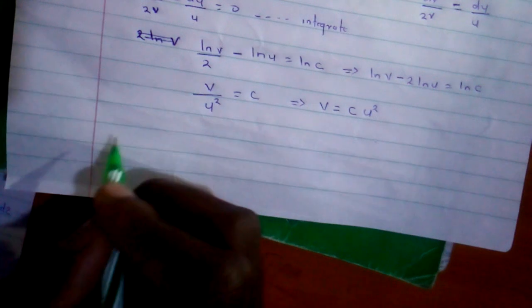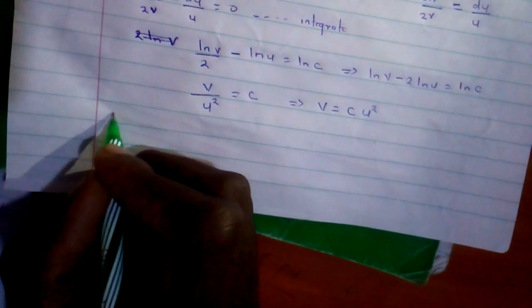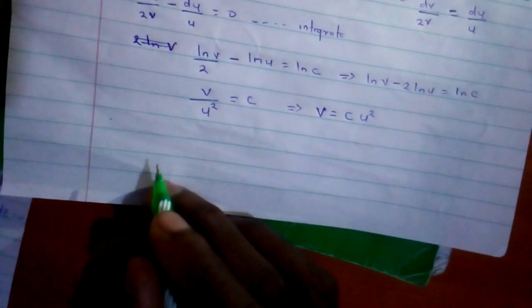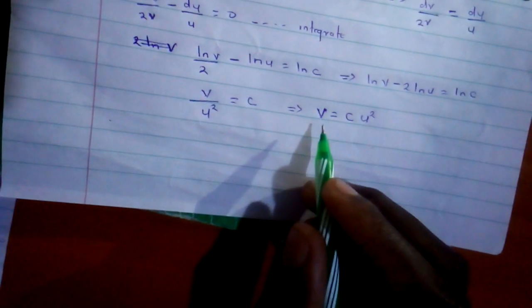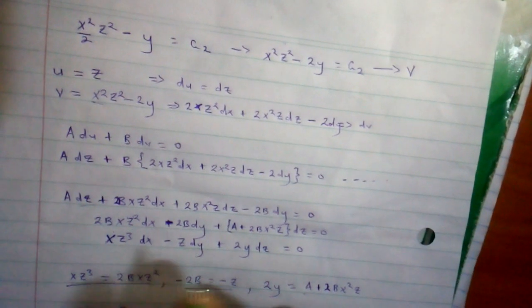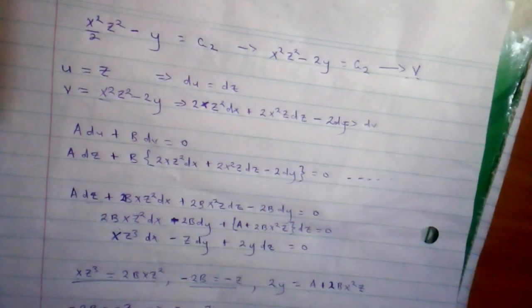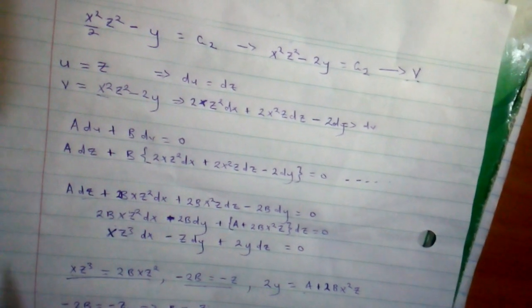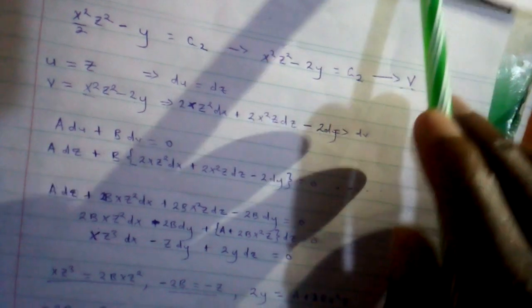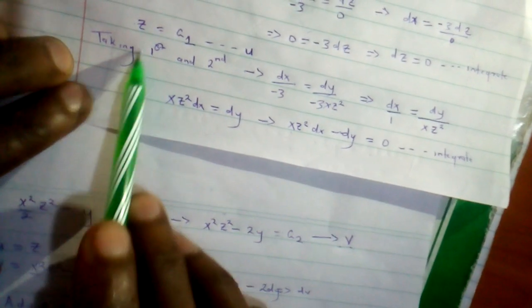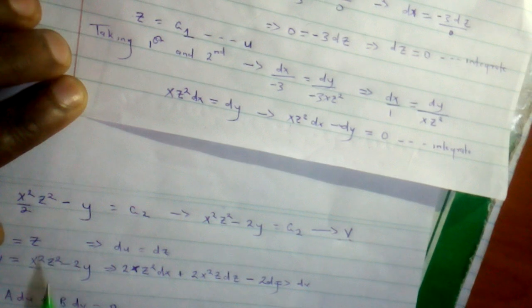But we know that from whatever we obtained, we have our value of v and our value of u to be z.